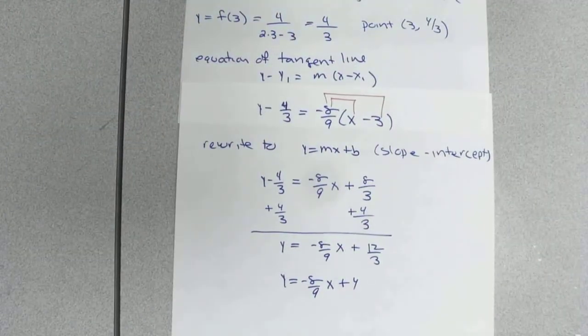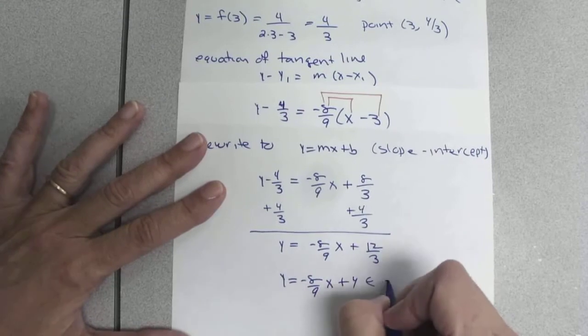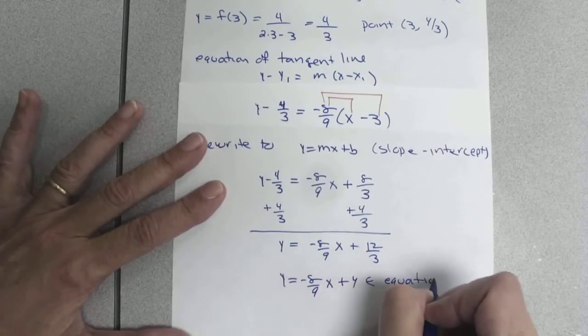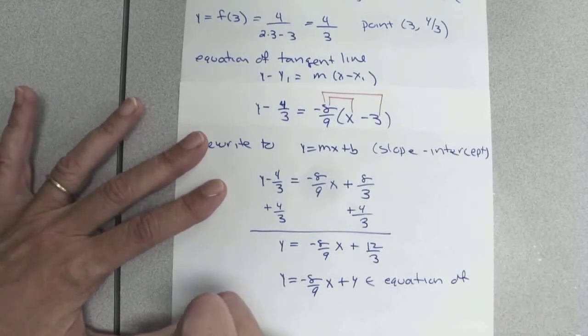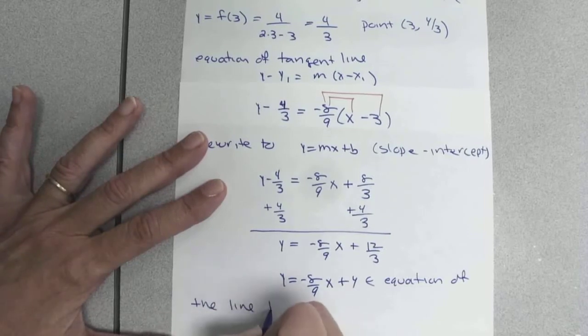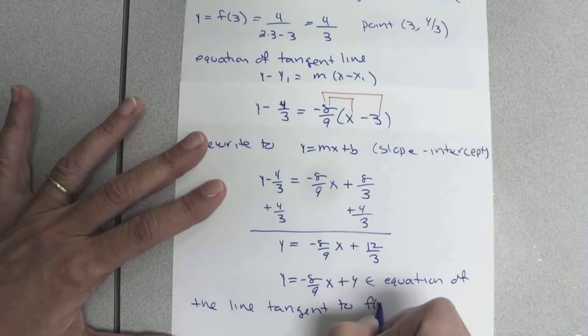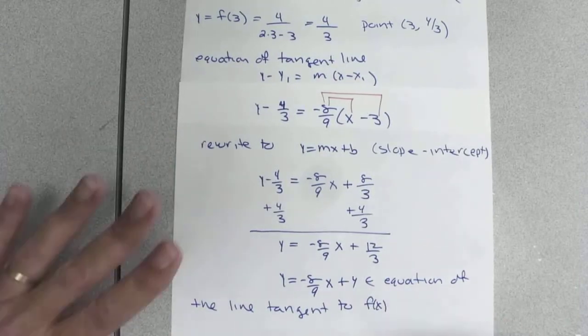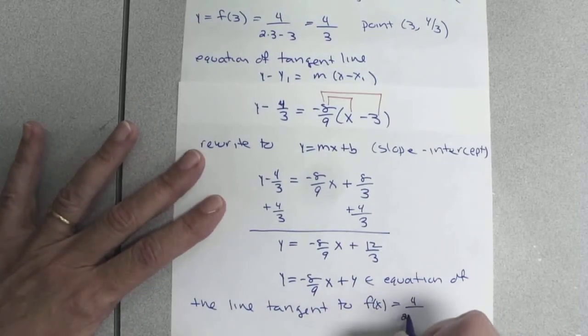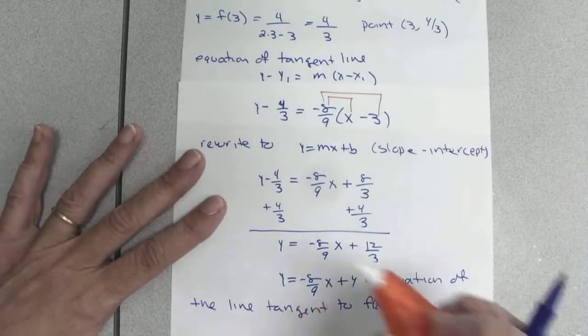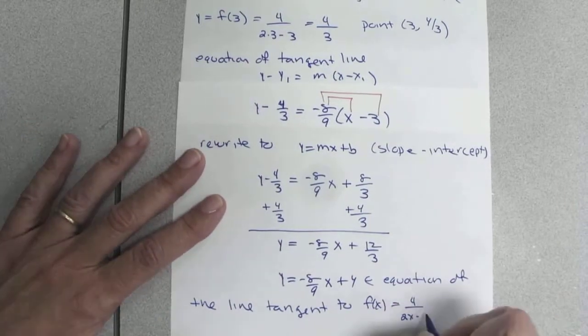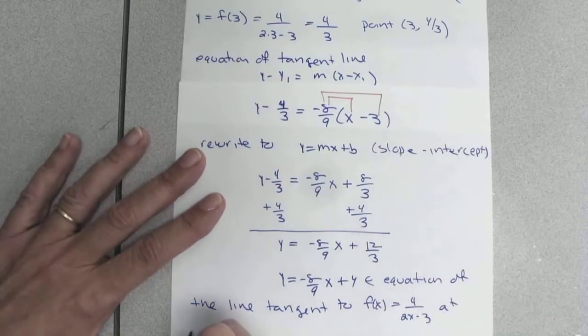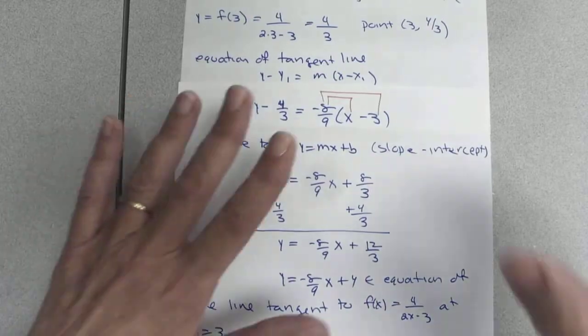Now I said we can check this, and we can by looking at a picture. This was the equation of the line tangent to f of x equals 4 over 2x minus 3 at x equal 3.